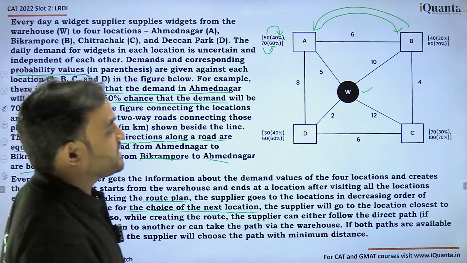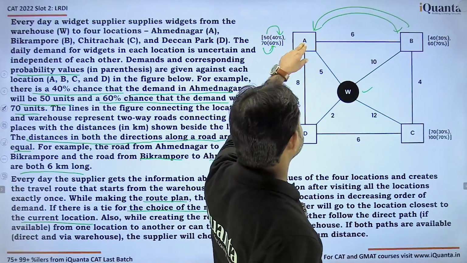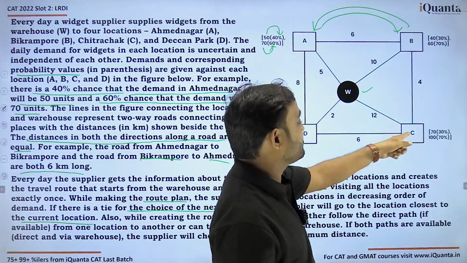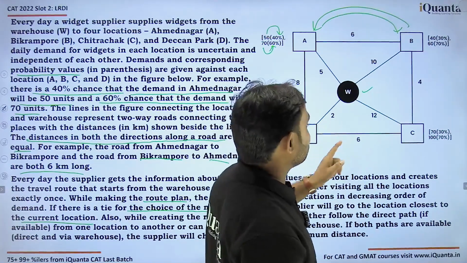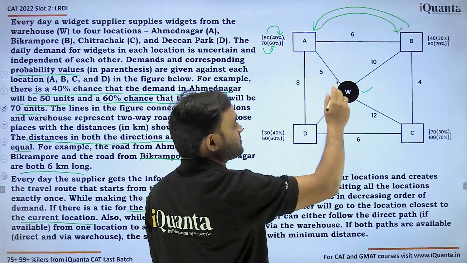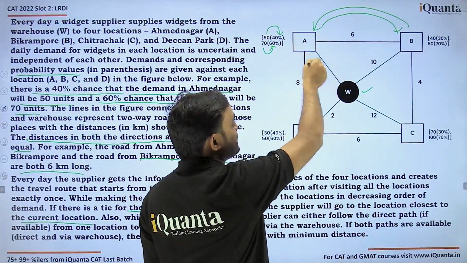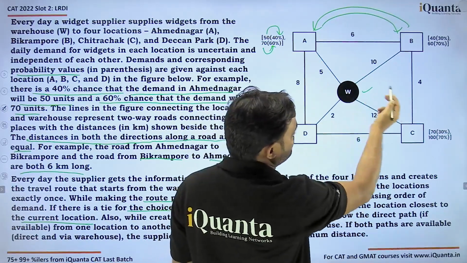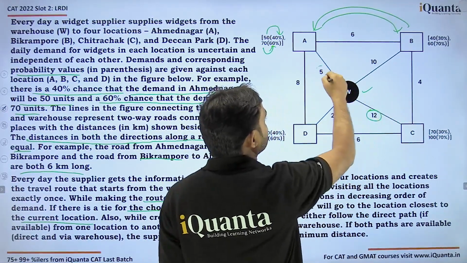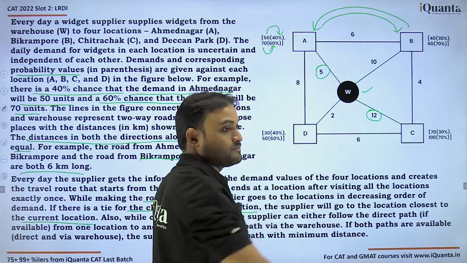So let's say there is a demand of 70 units at A, and there is also a demand of 70 units at C, then the supplier will go to A first because the distance from warehouse to A is 5 km, while the distance to C from warehouse is 12 km. So the minimum distance is W to A.